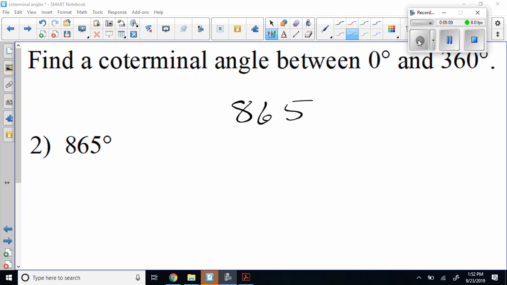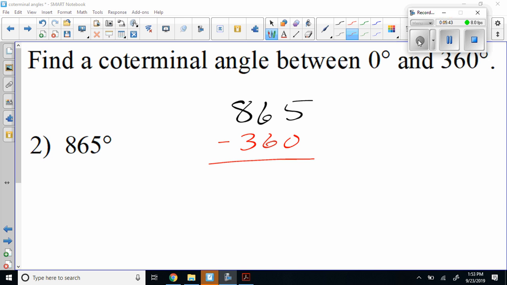But why am I going to subtract 360 degrees? Why not add it? What's positive? The initial angle that we're looking at, right? You remember when we drew, if they were positive, we started subtracting 360s to see what was our coterminal, and if they were negative, what did we do? Add. Good.